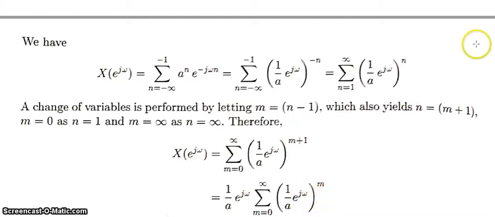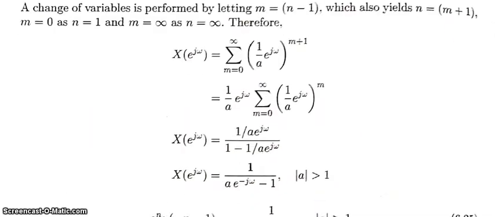Now this is the sum to infinity of a GP, which is going to be 1 by 1 minus 1 by a e raised to j omega, and the term in the numerator is this multiplication factor, 1 by a e raised to j omega. Therefore, on rearranging, X of e raised to j omega is 1 divided by a e raised to minus j omega minus 1, for modulus of a greater than 1.